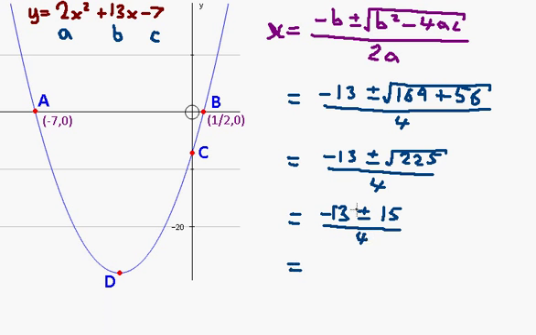Minus 13 plus 15 is 2, and 2 over 4 is a half. Or minus 13 take away 15 is minus 28, divided by 4 is minus 7. So x is either a half or minus 7, which is exactly what we found in the previous method, using factorization.